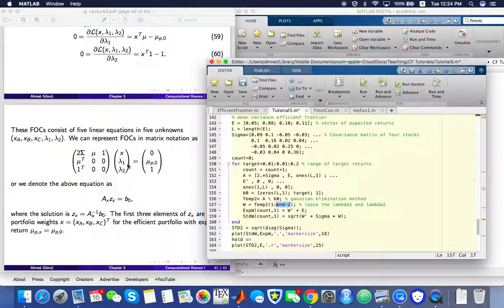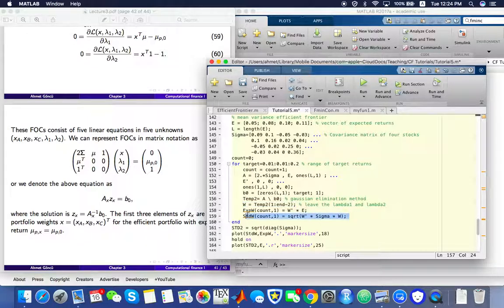And then our optimal portfolio weights are given by the elements of this solution, but the last 2 terms should not be included because the last 2 terms, as you can see in the system, are lambda 1 and lambda 2. So these are the Lagrangian coefficients, which we don't need to use here. So I'm excluding the last 2 terms, and the remaining terms are the optimal portfolio weights for this given target return.